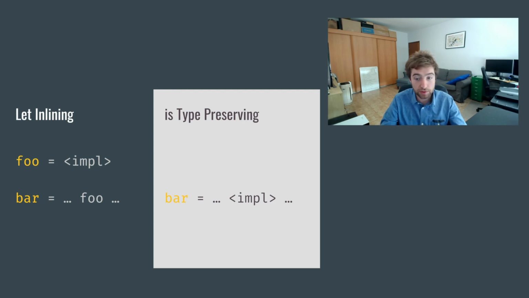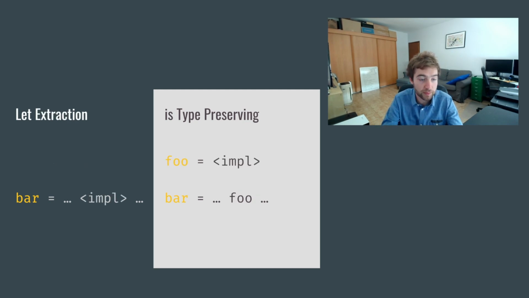So, for example, if we have a function or a value bar that uses another definition foo, well then inlining the second definition should not alter the type of bar. And the reverse should hold as well. Extracting some implementation from bar into a second definition should not alter the type of bar.